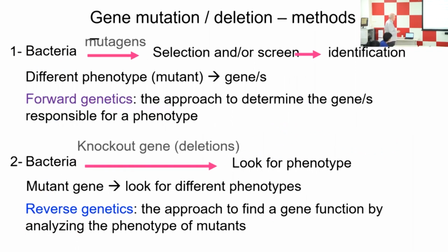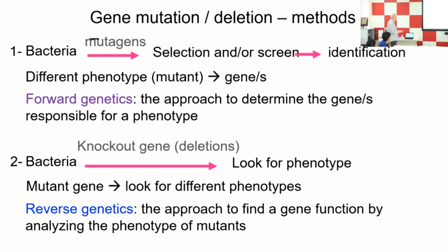Okay, so this will be a typical flow chart of how to go in a mutagenesis experiment. So if you go through chemical methods, then you just use mutagens, then you select or screen and identify different phenotypes. And therefore, the idea in this case is that you determine what gene is doing what a posteriori.